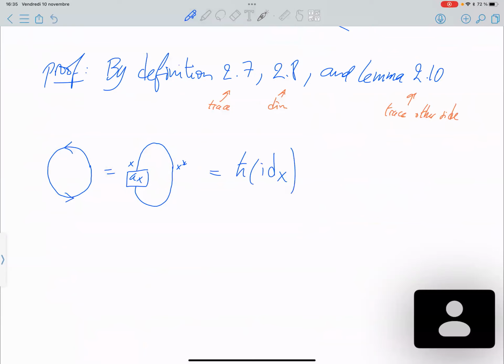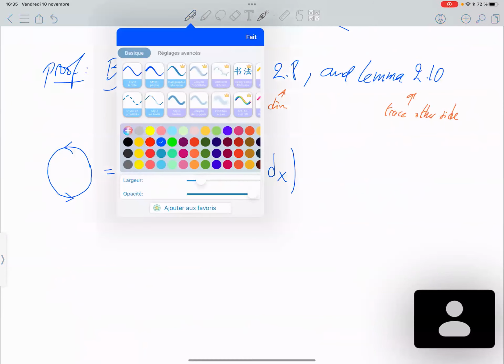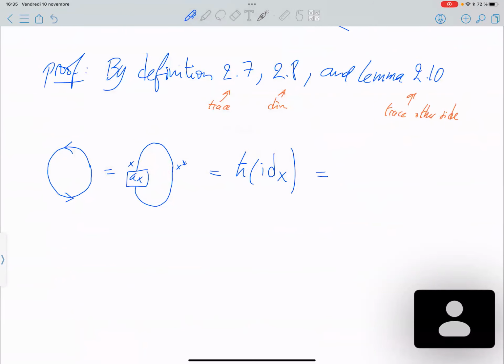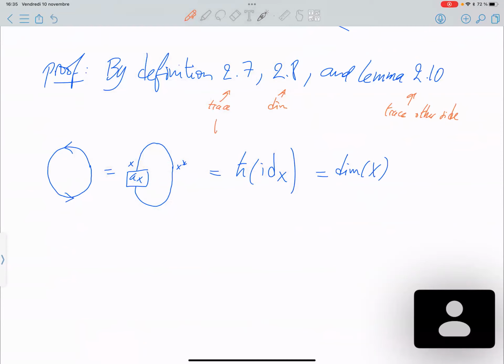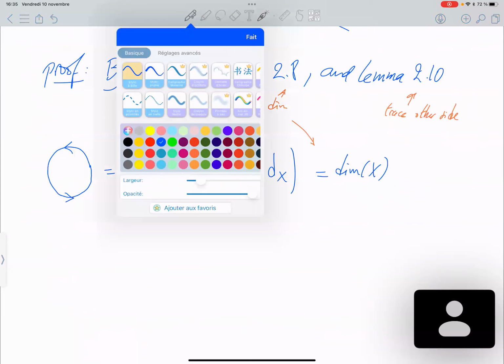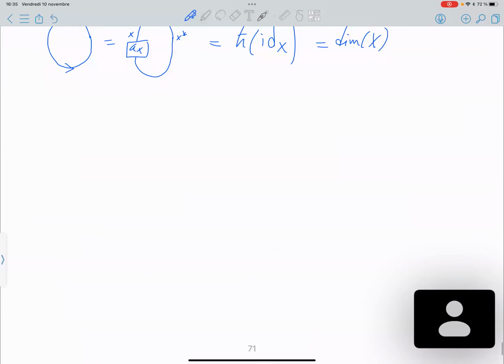This is a trace of identity, which is by definition the dimension of X. So here we don't need the lemma, but for the other one we will need the lemma.